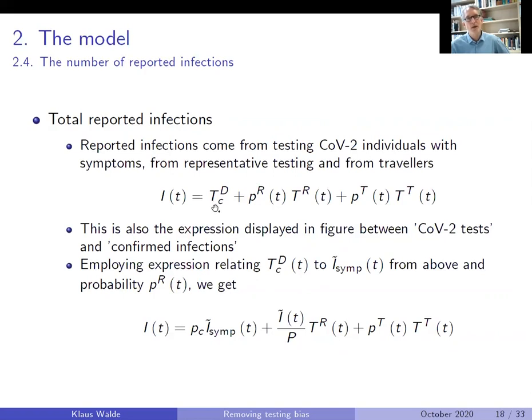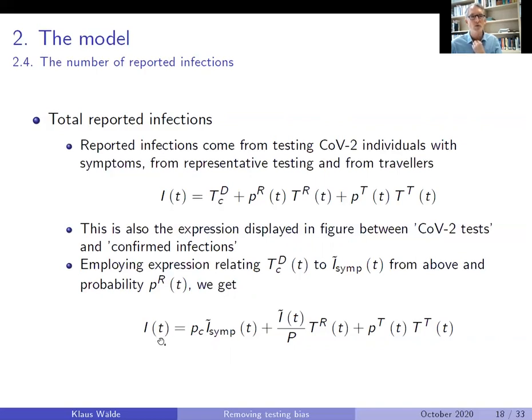We can replace the number of tests by the probability of the doctor to actually undertake a test of someone that looks like a lot of symptoms that indicate COVID-19 times the number of individuals that are actually symptomatic with CoV-2. And here we cannot do anything with the travelers. We don't know what the probability is, and the number of tests is also sort of exogenous. So this is the equation we get for the number of reported infections in our model.